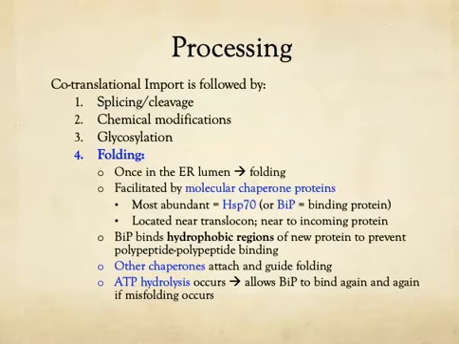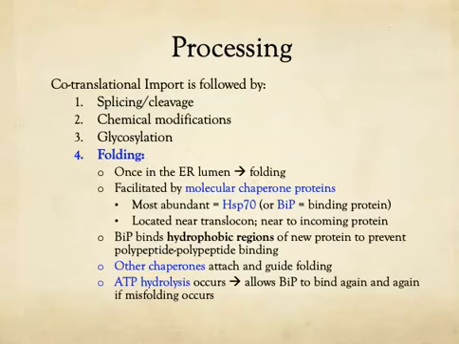This HSP70 molecule will be in the lumen of the rough endoplasmic reticulum, right near the translocon. It sort of lives near the translocon, near to where the polypeptide is going to first come in to the rough endoplasmic reticulum. Now, when that polypeptide comes into the lumen through the process we've discussed, the heat shock 70 protein is going to bind specifically to some hydrophobic area on that polypeptide.